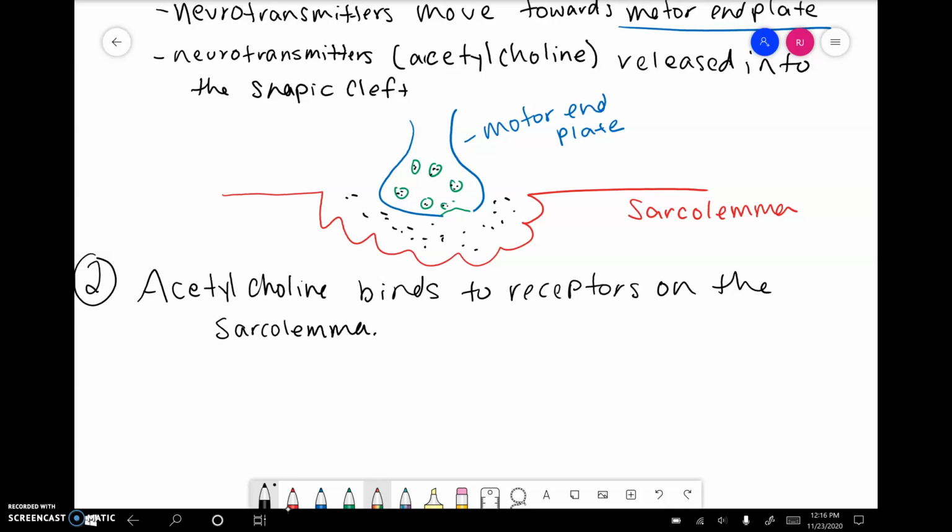So let's add to our picture here. This rainbow color is going to be our receptors. And we're going to see that this acetylcholine is going to come and bind here. Okay, so this is a good picture when we're thinking about the first 2 steps of our muscle contraction.